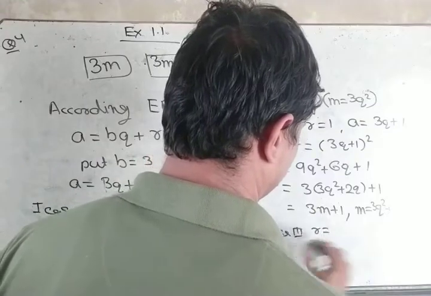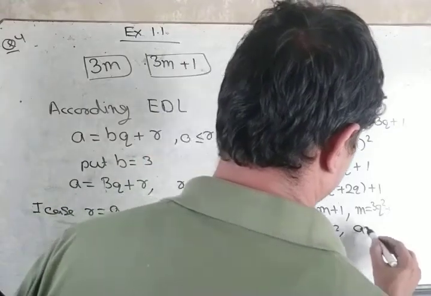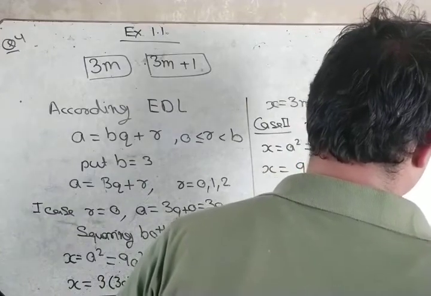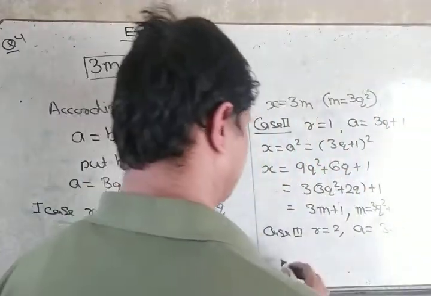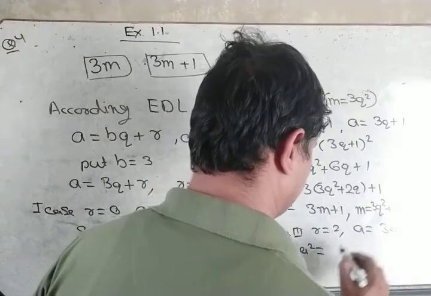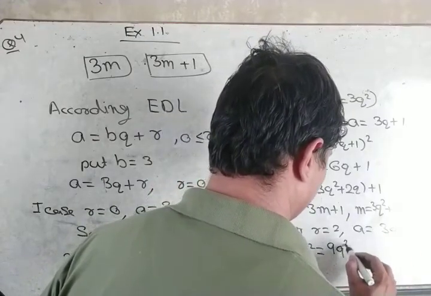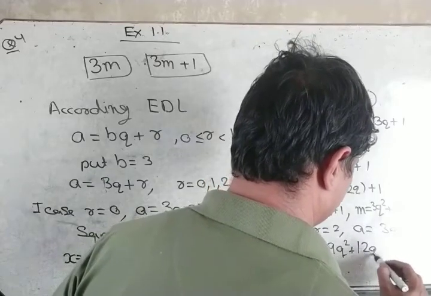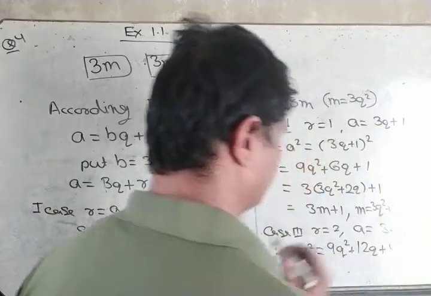When r is 2, a is equal to 3q plus 2. When squaring, I am writing it directly, 9q square plus 12q plus 4.